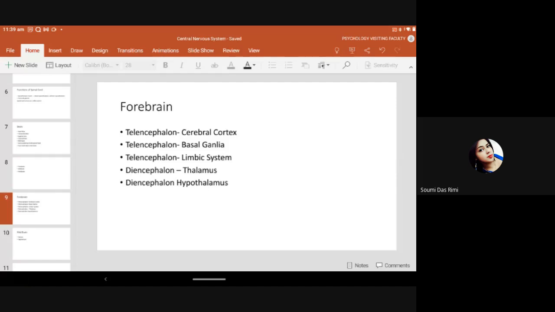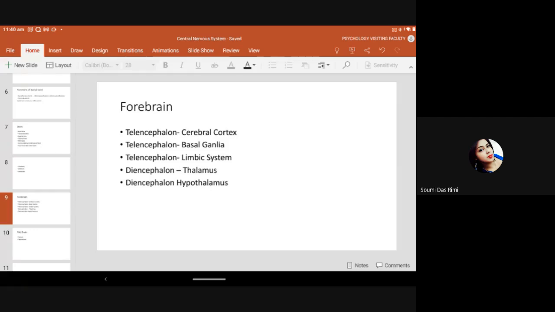Now, there are some small and big bulges present which are known as convolutions, and there are some grooves between the bulges. The smaller ones are known as sulci, while the larger grooves are known as fissures, F-I-S-S-U-R-E-S.